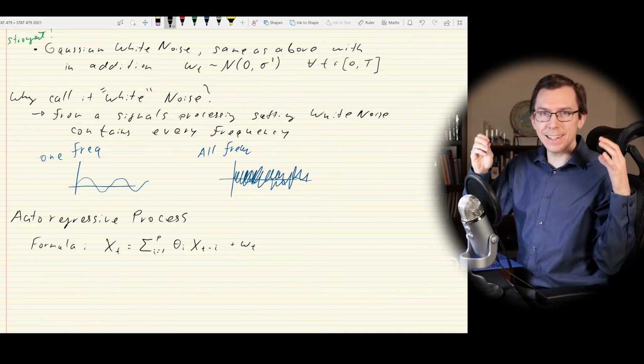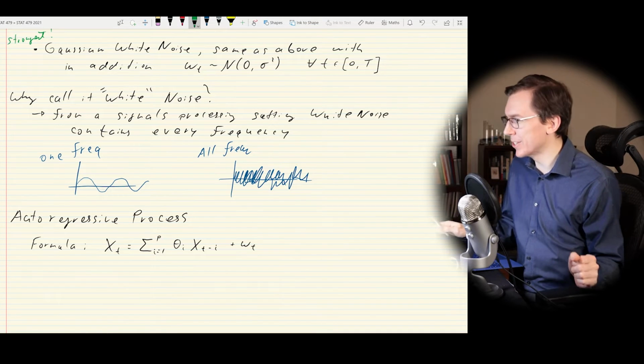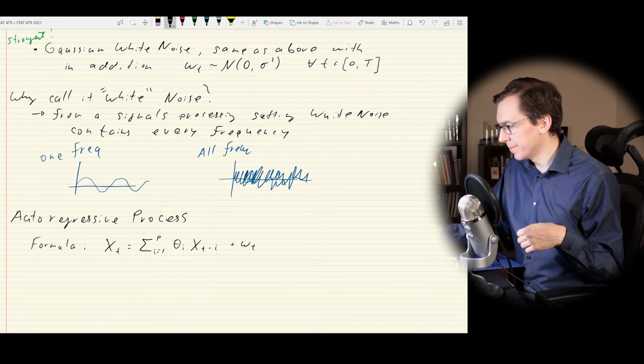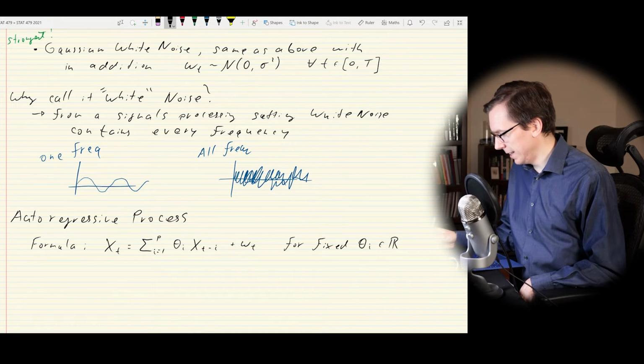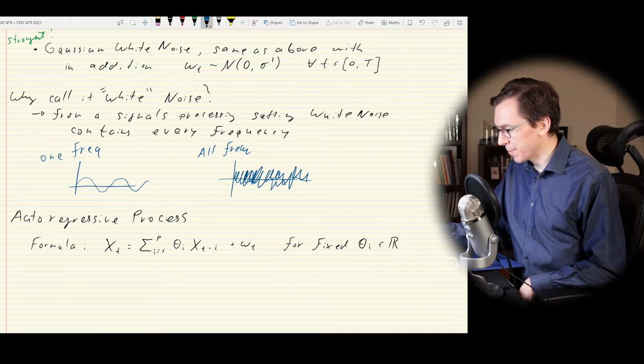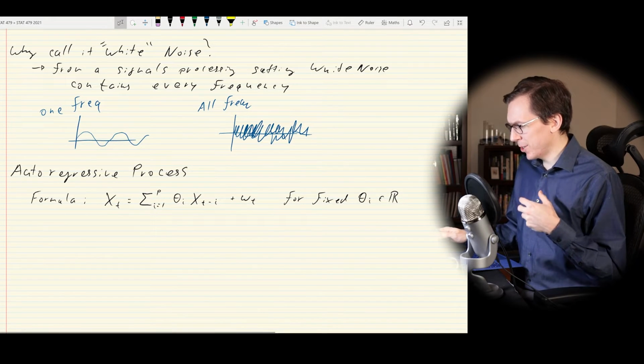So let's take a moment to figure out what this equation is telling us. What I should say is, for fixed theta_i in R, real numbers. So, what's going on here?